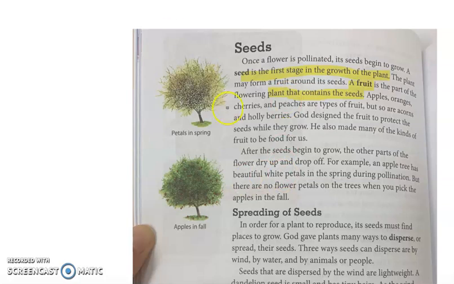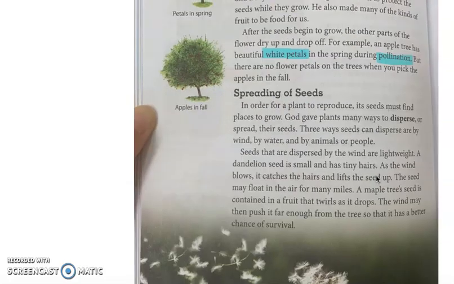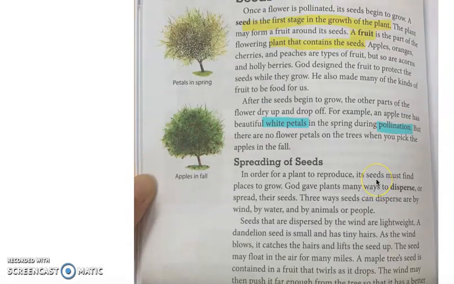So here we need to remember that the flowers are for the pollination. And we no longer need flowers when we have fruits, because the pollination is for the plant to produce fruits.